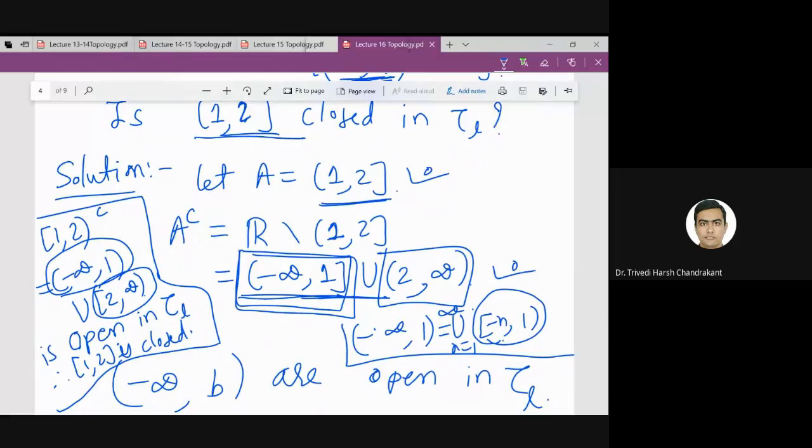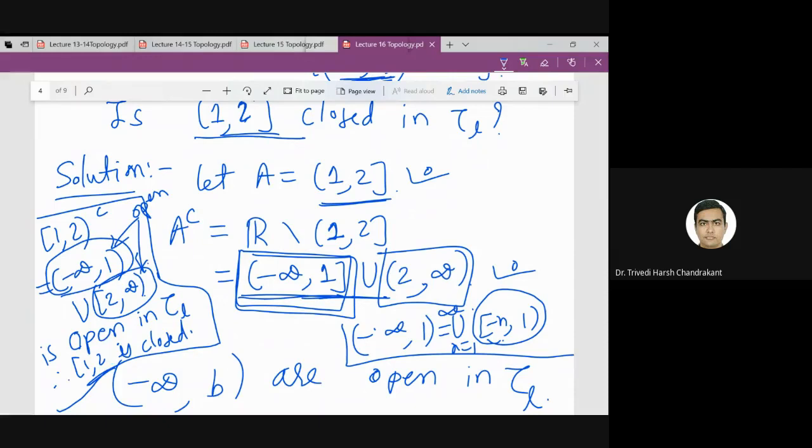So this set is also open, and similarly we can show this is also open. We can take closed interval 2 to n, and we can take union of that. Alright, so this is closed. This set is closed.